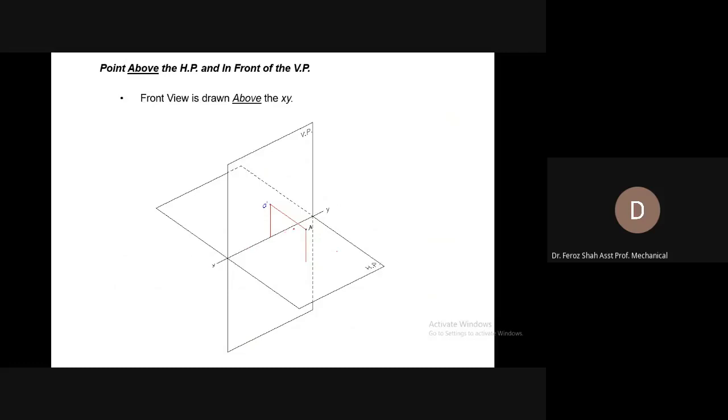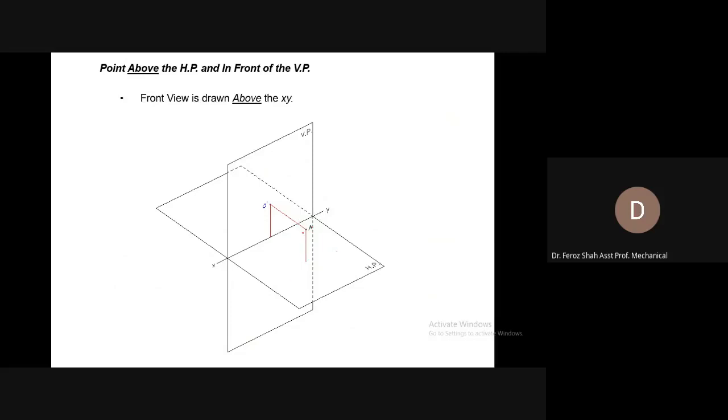So collectively it is called the XY reference line because we will often be referring to an entity with respect to these two reference planes.